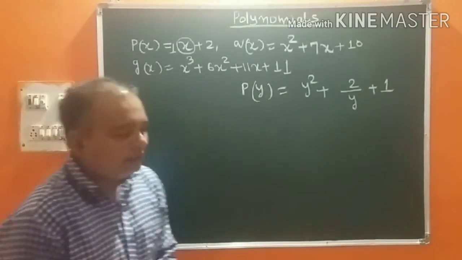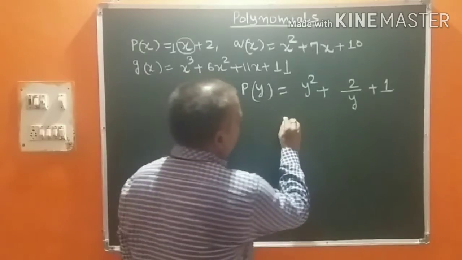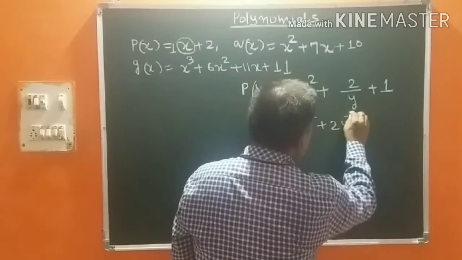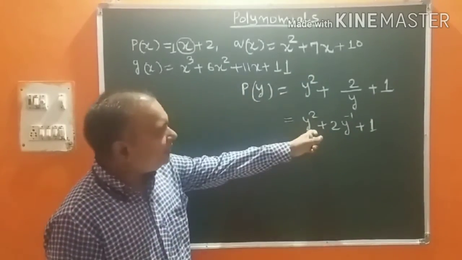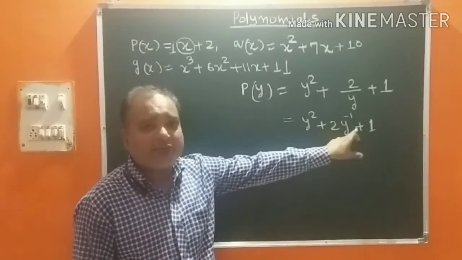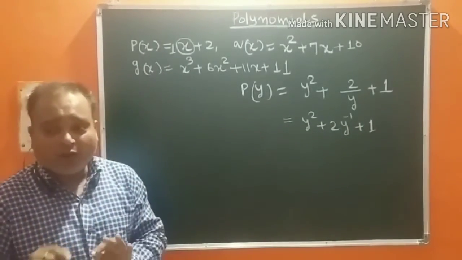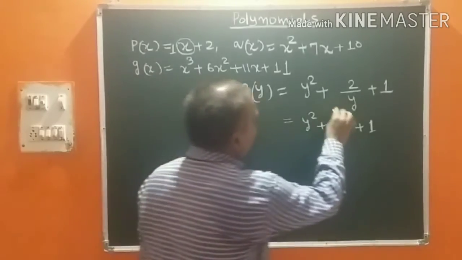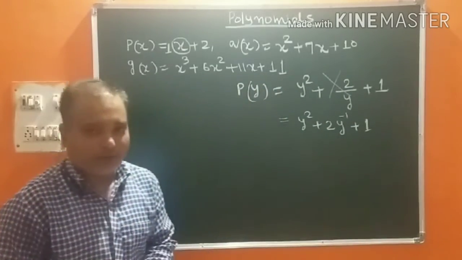Now tell me, is it a polynomial or not? Look, 2 upon y, can we write it like that? y square plus 2 y to the power minus 1 plus 1. Now here the highest power of variable is 2, but here the power of variable is minus 1. So the condition is that in a polynomial, the power of variable should be a whole number. So we can say y square plus 2 upon y plus 1 is not a polynomial.